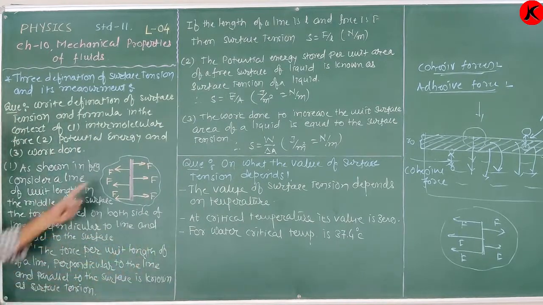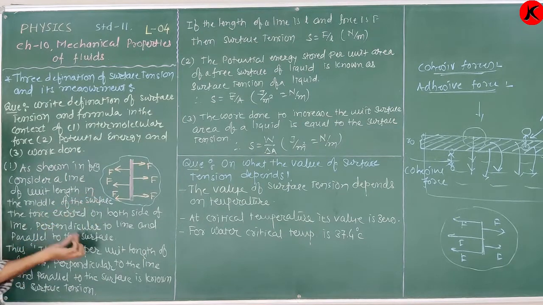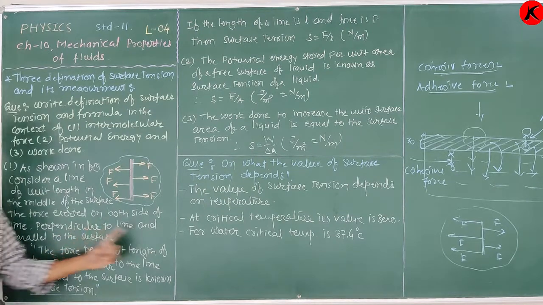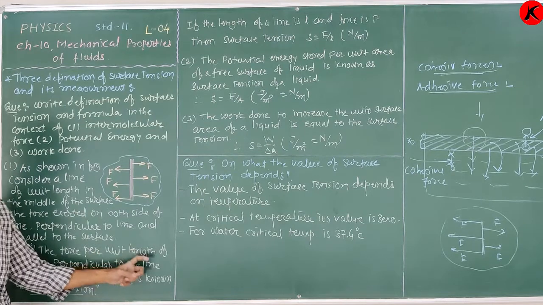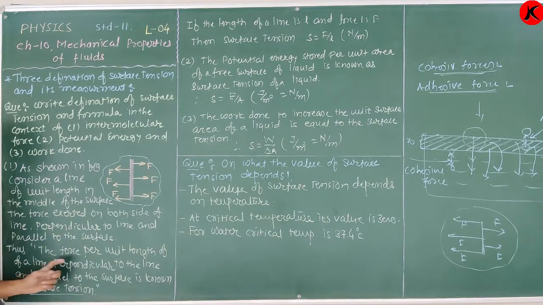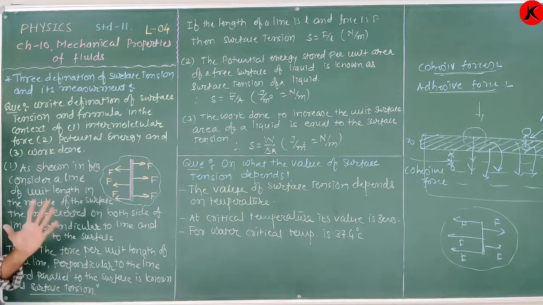Therefore, the definition of surface tension on the basis of this force is: the force per unit length of a line, perpendicular to the line and parallel to the surface, is known as surface tension.